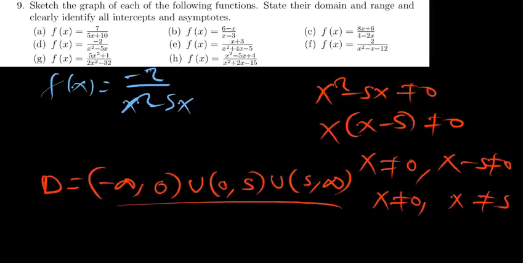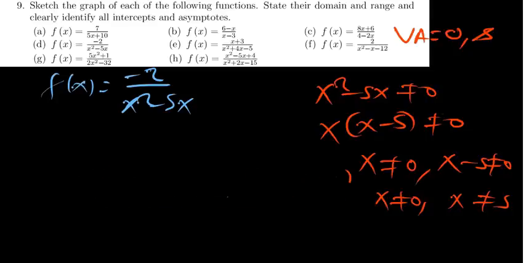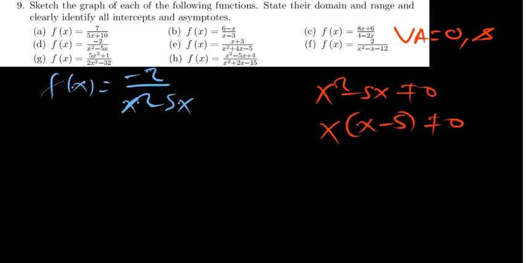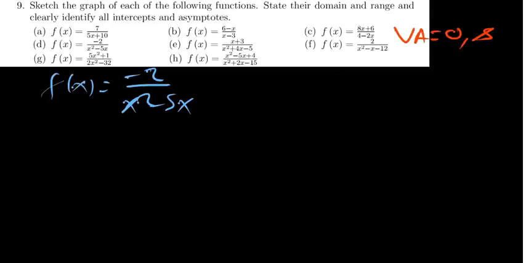These values which I've just found here are also my vertical asymptotes. To find the vertical asymptote, we are just setting this equal to 0 and solving for x, so it's the same: I have it at 0 and at 5. What of the range? To find the range, you can first find the horizontal asymptote.